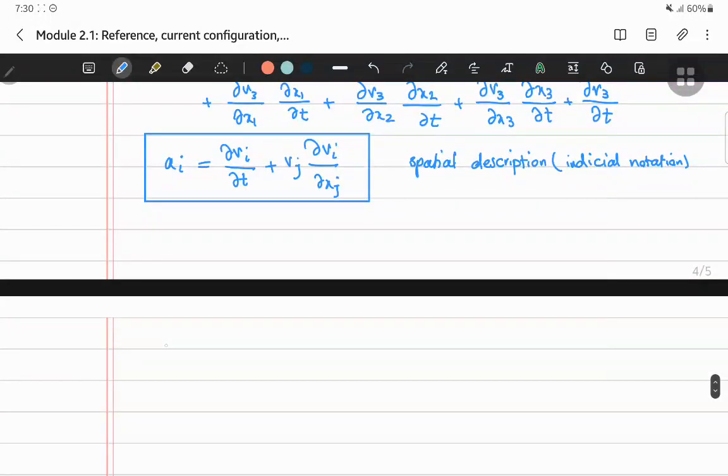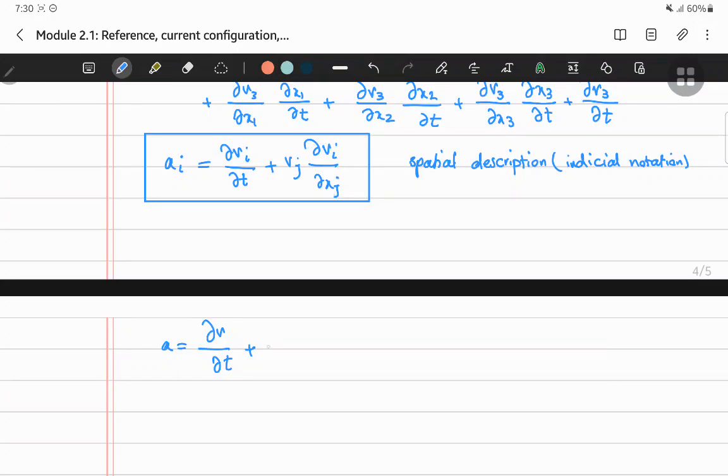So if I bring it into its general form, I have a equal to the partial derivative of v with respect to t plus, what is this? This is the partial derivative of vi with respect to xj, and nothing but the gradient of a vector field.